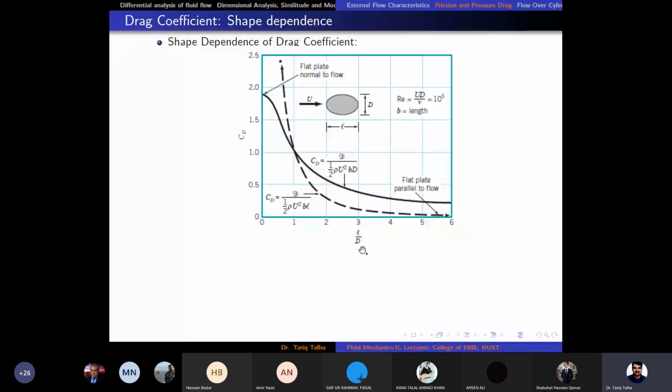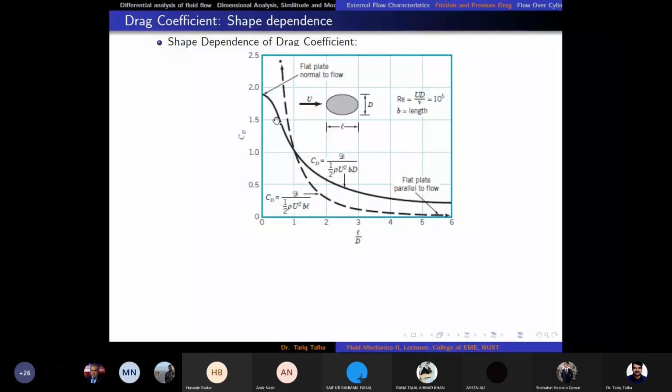But when the L upon D value is very large, then it means that the length of the plate is more as compared to the height of that plate. So it means that now we are talking about a flat plate parallel to the flow, right?